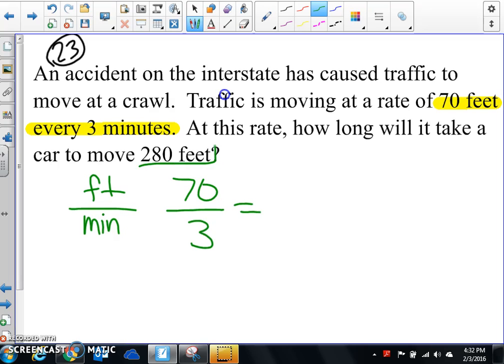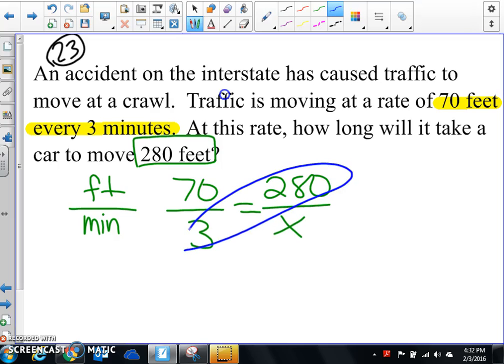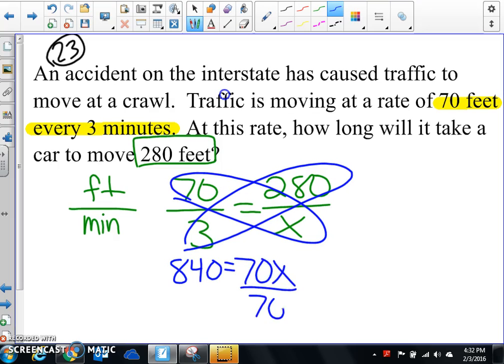And then it says 280 feet. Feet's on top, so 280. Now I cross multiply. 3 times 280 is 840, and 70 times x is 70x. Divide both sides by 70, and that gives me 12, and then minutes.